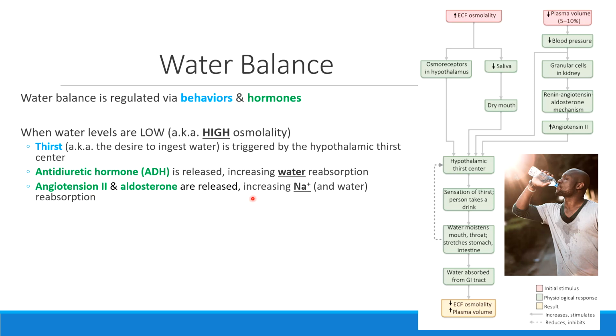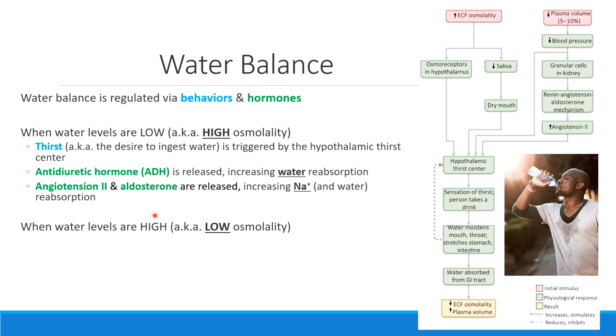These two hormones work together to increase the sodium level that you're reabsorbing. And remember that when we reabsorb sodium, water comes with it. So antidiuretic hormone directly helps with reabsorbing water. Angiotensin and aldosterone will indirectly help with reabsorbing water.